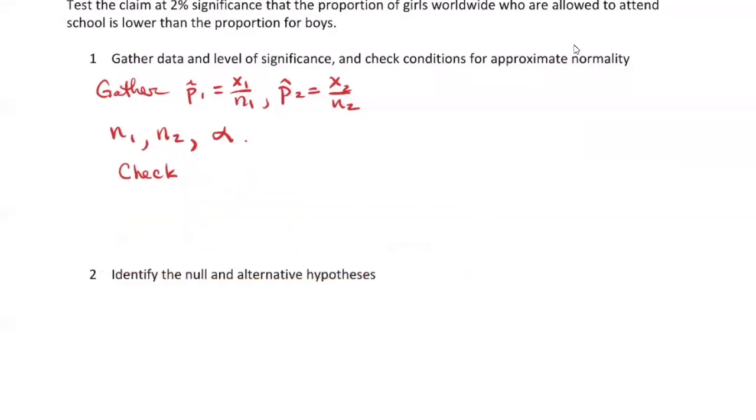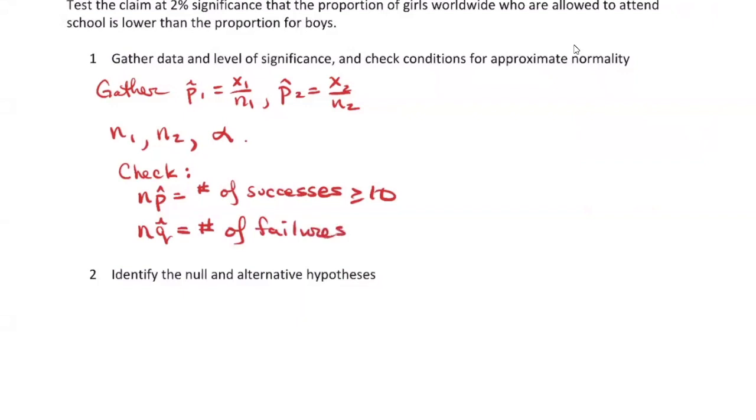So how about we say check N times P hat, which is the number of successes, is greater than or equal to 10. And N times Q hat, which is the number of failures, also needs to be greater than or equal to 10. Okay, any questions about that?